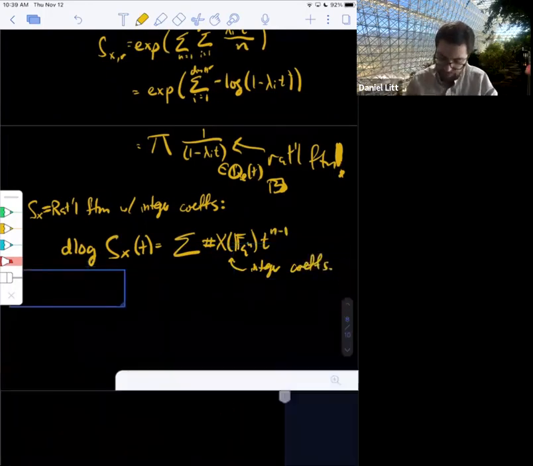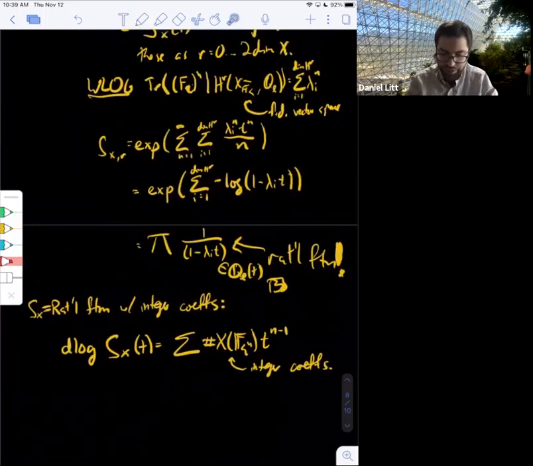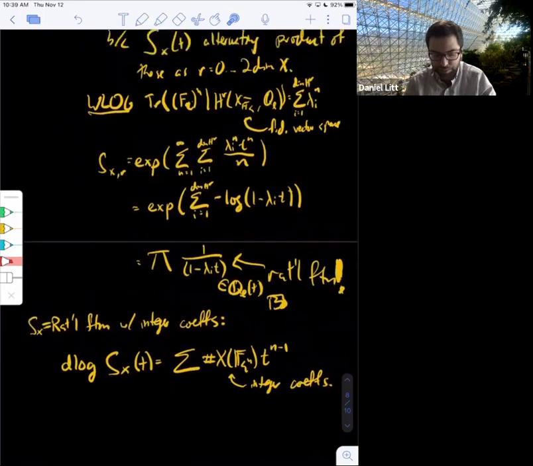A priori, we don't know yet that the zeta_{X,r}'s have integer coefficients, although they do in the end. That's because there could be some cancellation happening between different r's, which doesn't show up here. You have to think a little bit about the exponential, which I'll let you think about.